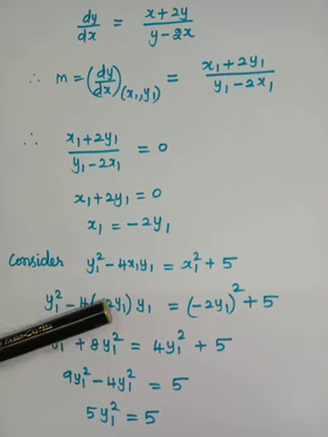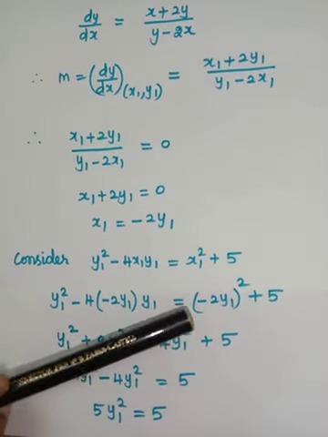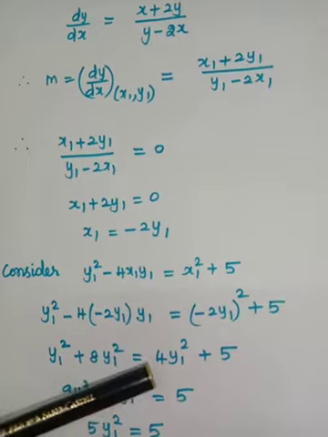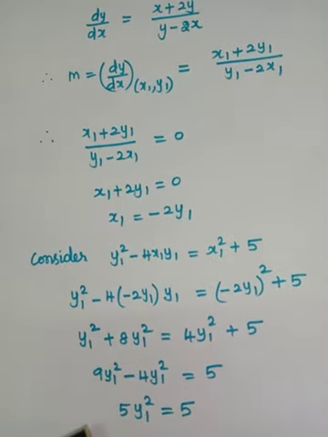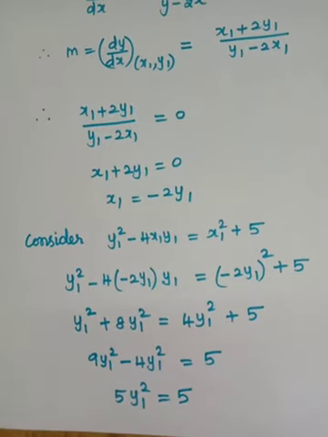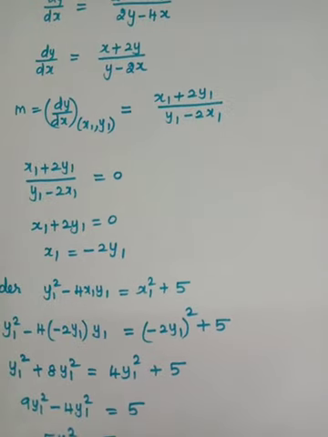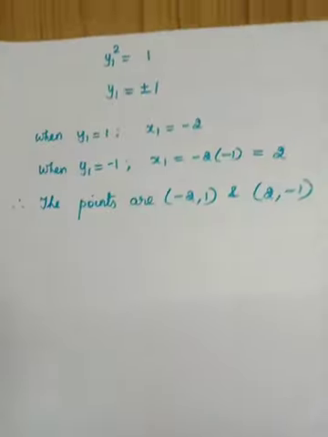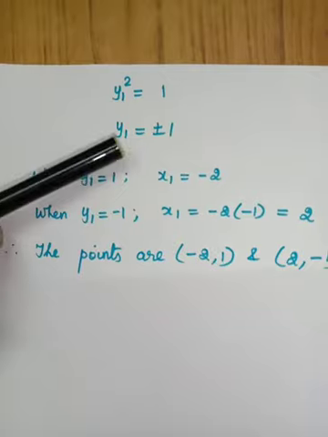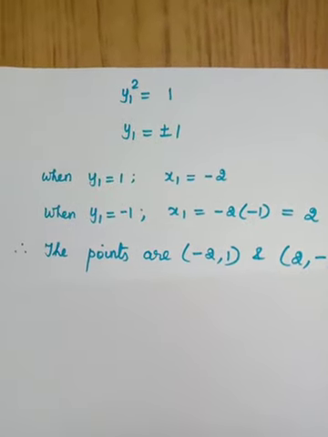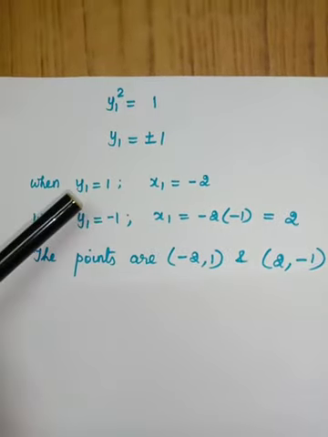Here you are having y1 into y1 is y1 squared. This when you square, you will get 4y1 squared. When you simplify, it is 5y1 squared is equal to 5. So you will get y1 squared is equal to 5 by 5, that is equal to 1. So y1 is equal to plus or minus 1.